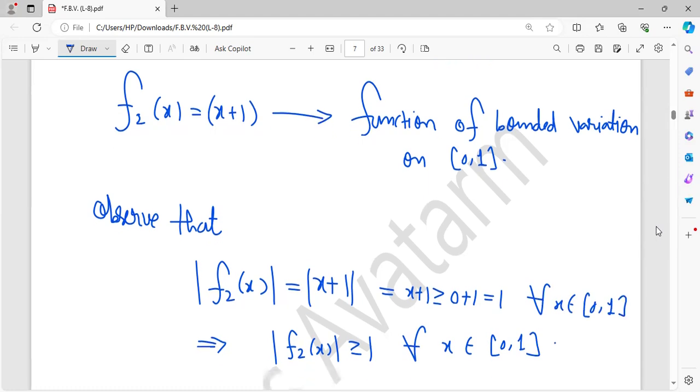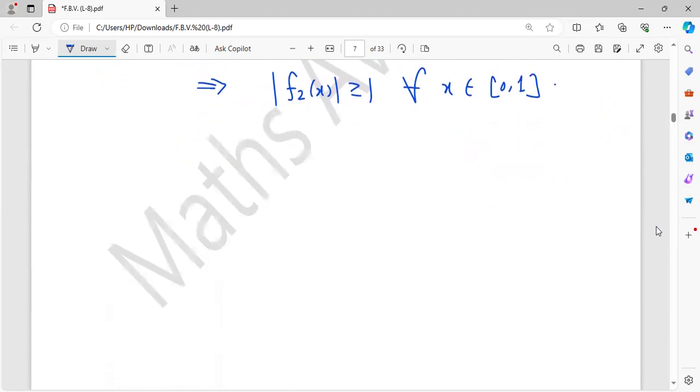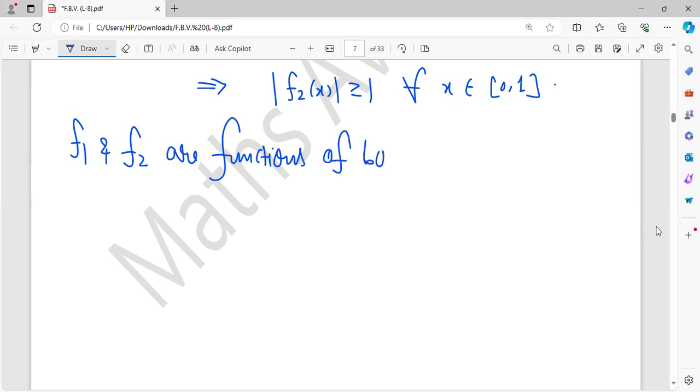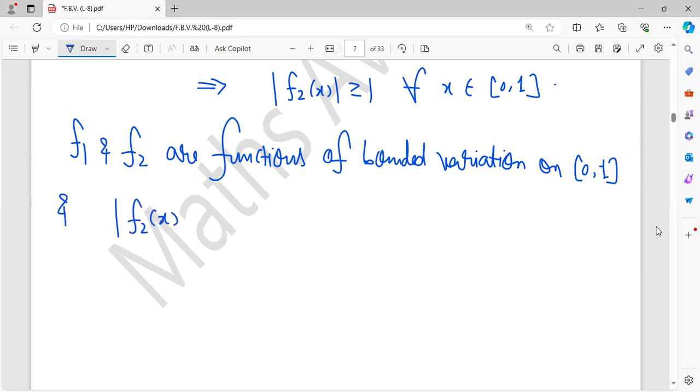Now f1, f2. Now we have f1 and f2 are functions of bounded variation on the closed interval 0, 1, and f2(x) is greater than or equal to 1 for all x belonging to 0, 1.